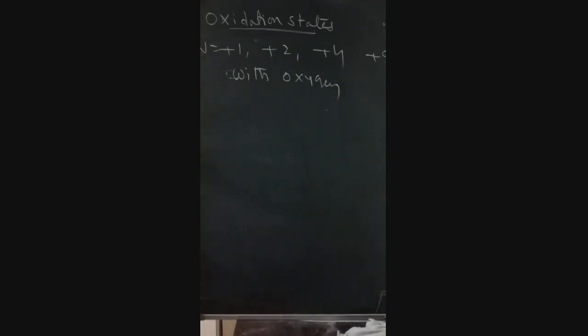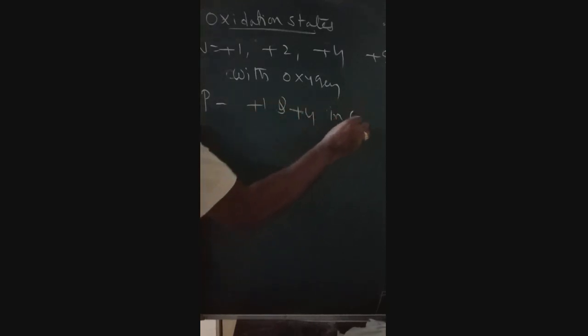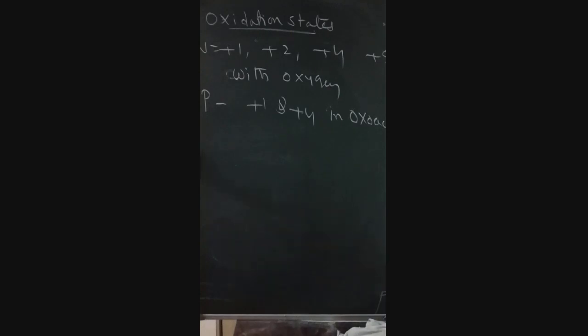Because nitrogen is a highly electronegative element, and it also forms multiple bonds. That is why nitrogen forms variable oxidation states with oxygen. But even phosphorus also exhibits +1 and +4 oxidation states in its oxoacids.